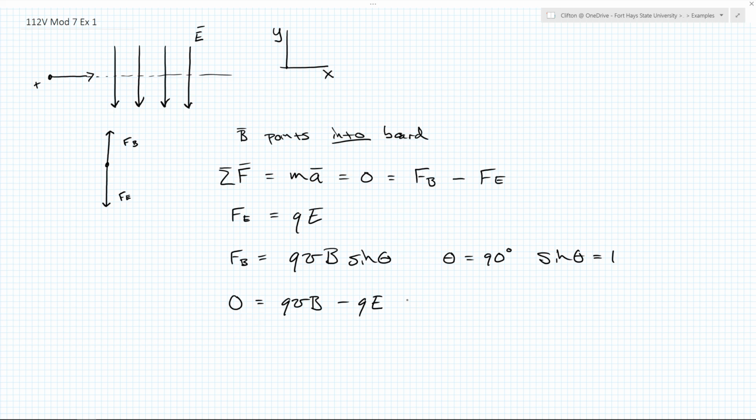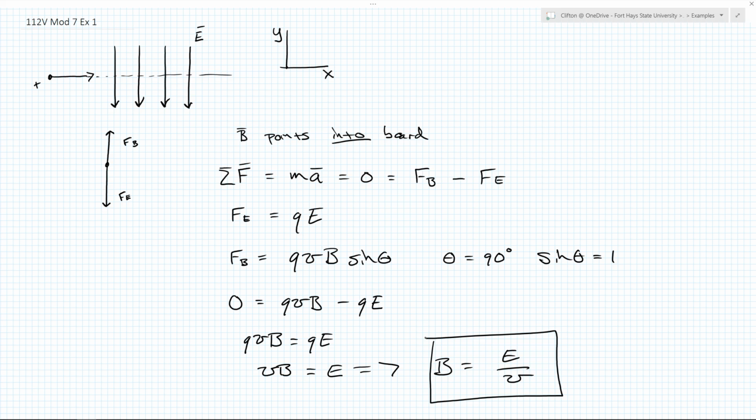All right, so what we want to do is solve for B. So I'm going to write QVB is equal to QE, which means that V times the magnetic field strength is equal to the electric field strength. So the magnetic field then is the electric field over the velocity.